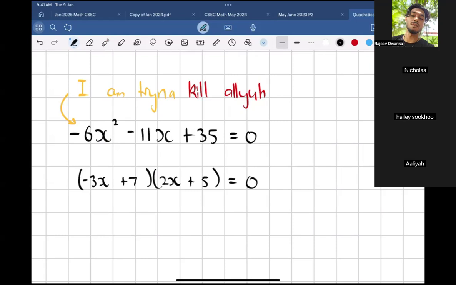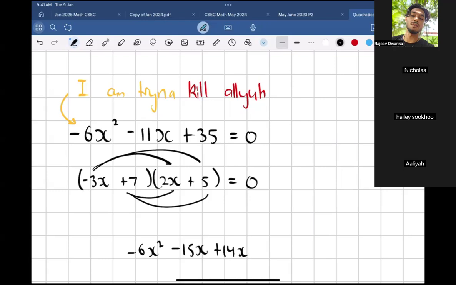When we expand this, imagine this is the answer. Minus 3x by 2x is minus 6x squared. Minus 3x by 5 is minus 15x. 7 by 2x is 14x. Okay, that wouldn't work.